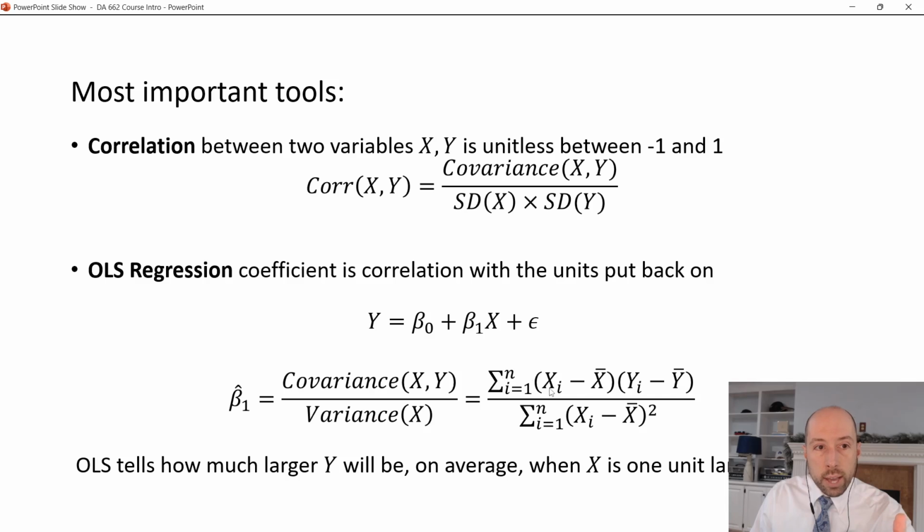The sum of all the xi minus x bar times yi minus y bar is exactly the covariance multiplied by the n minus 1. And look at the denominator here. The sum of all the xi minus x bar squared is exactly the variance of x multiplied by the n minus 1.